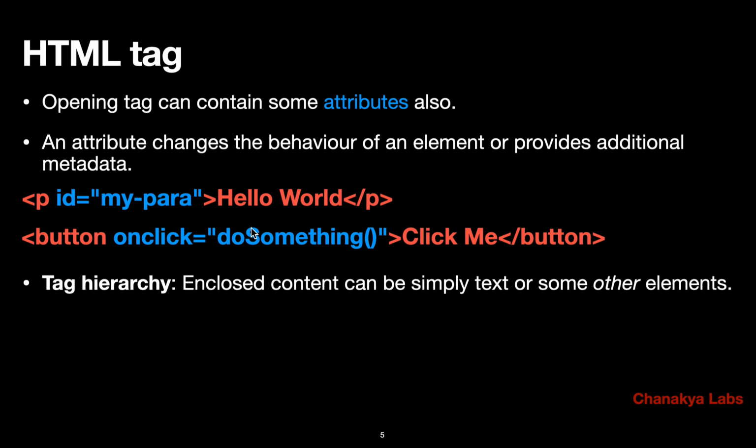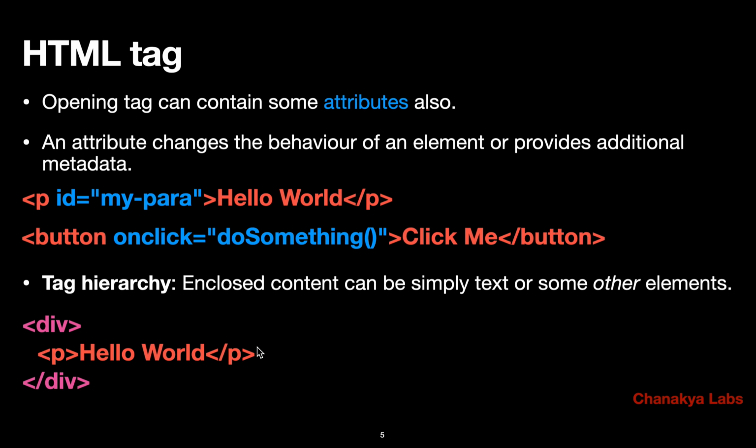However, that enclosed content can be simply text like this, or can be some other elements, which I mean something like this, that there can be some tag and the body is not text like this, the body is another element again, and we need not stop here. So again this paragraph can have nested elements, that is another thing.